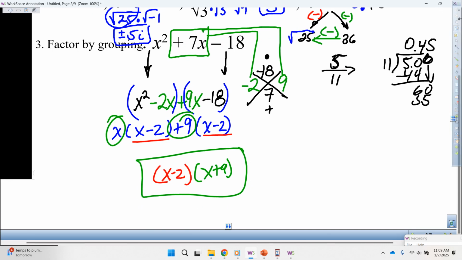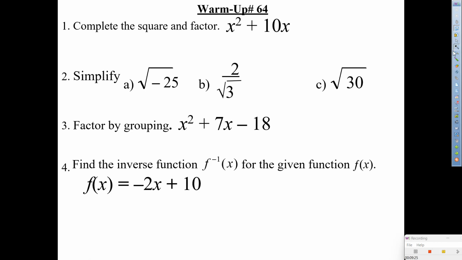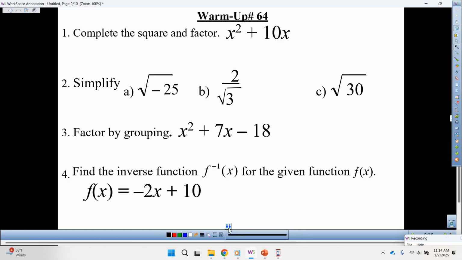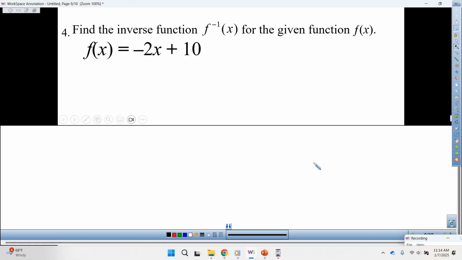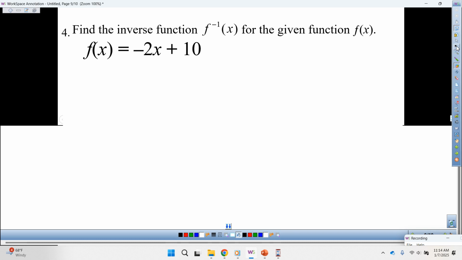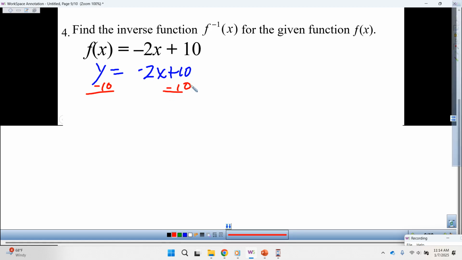And let's go to number 4. Number 4, last one. All right. For this one, it's going to go fast. Here it goes. We need the inverse. Change it to y. Negative 2x plus 10. Minus 10, minus 10. We got y minus 10 equals negative 2x.